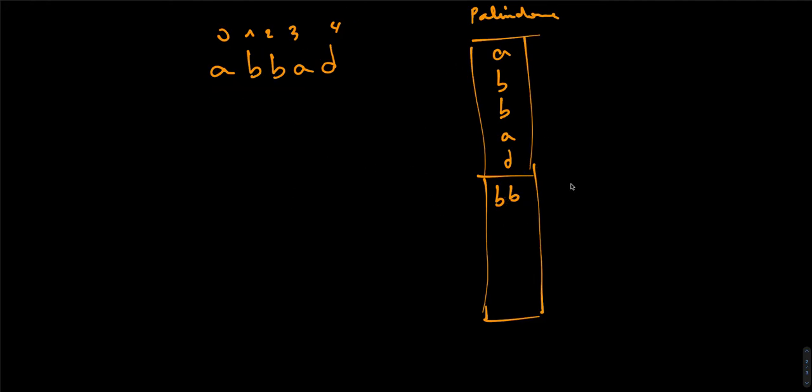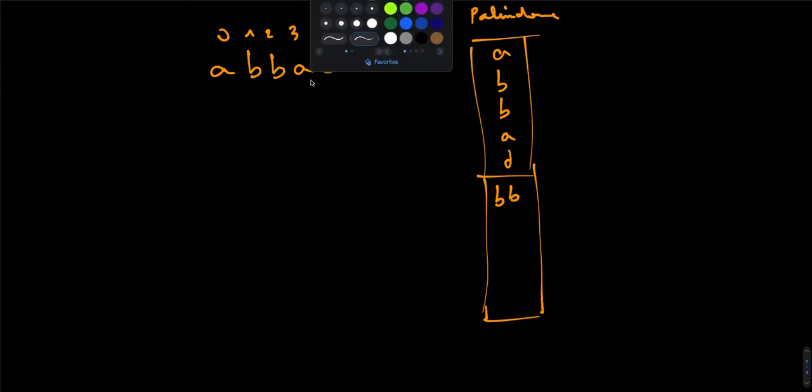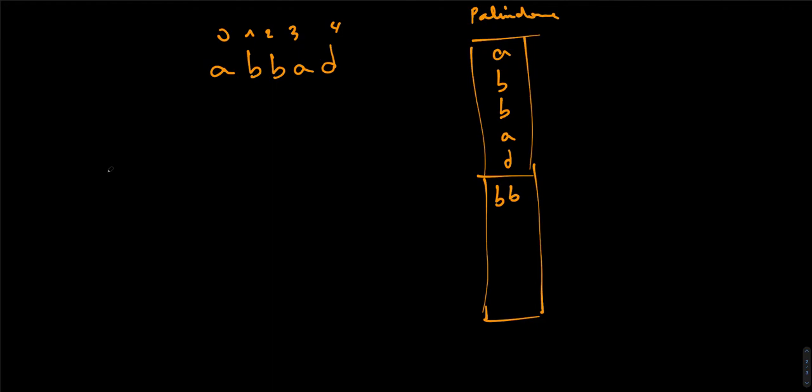Interesting. So now, as you can see, we have at the beginning some initial solutions to some subproblems. Now the question is, can I from this initial solution construct more sub-solutions until I get to my final solutions? And the answer is yes. For example, let us take this string.